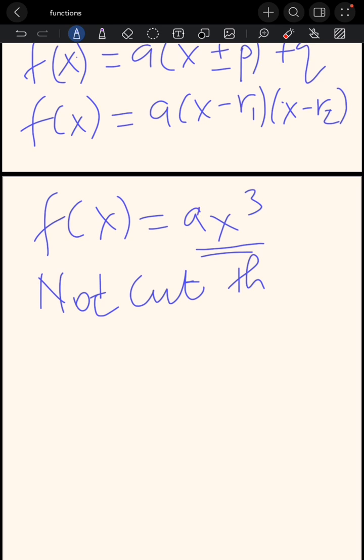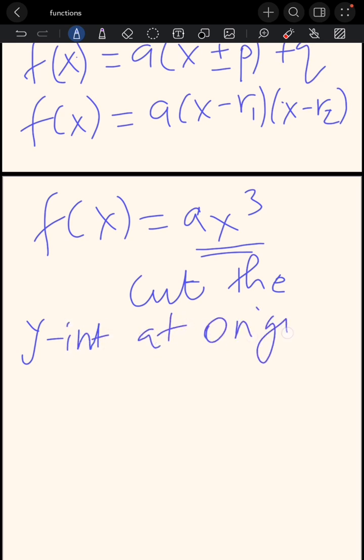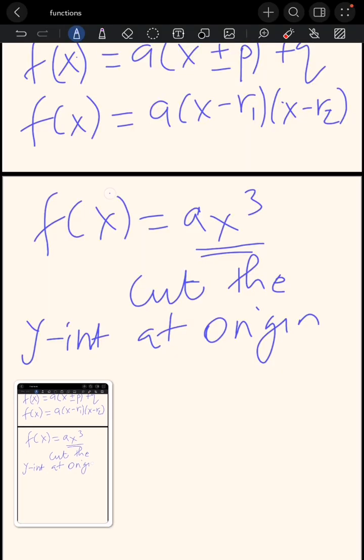It's just at the origin, or rather put it this way, cut the y-intercept at the origin.